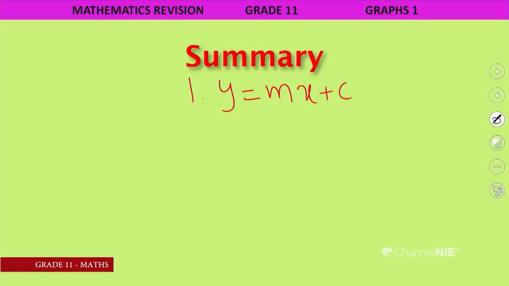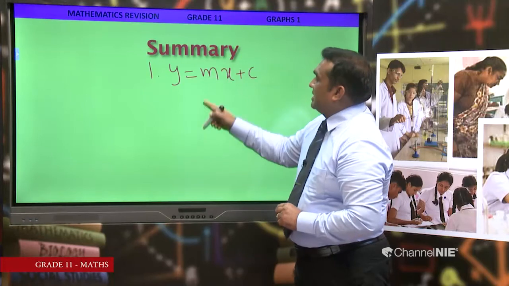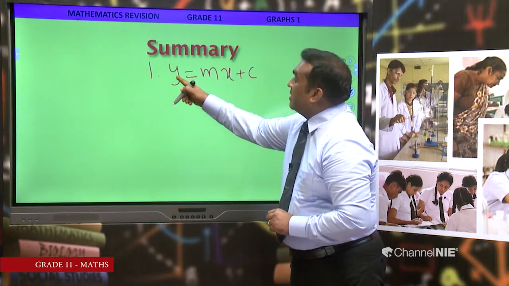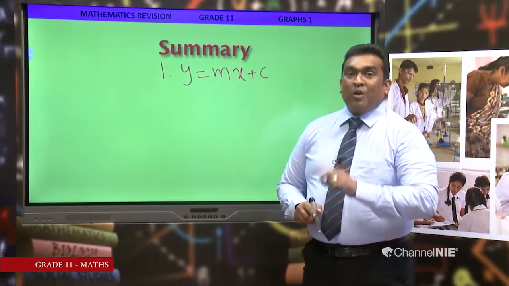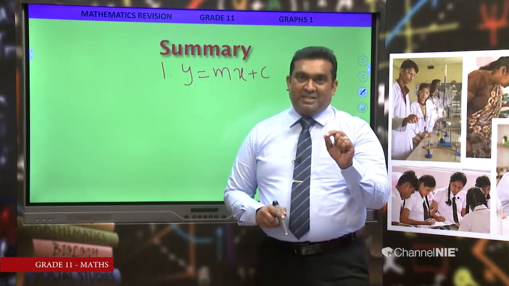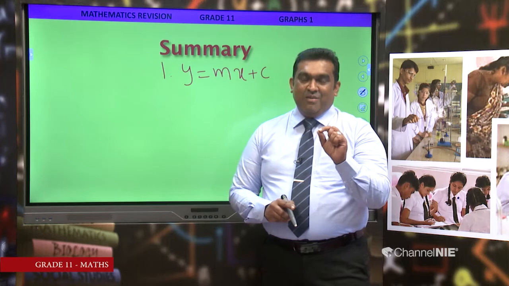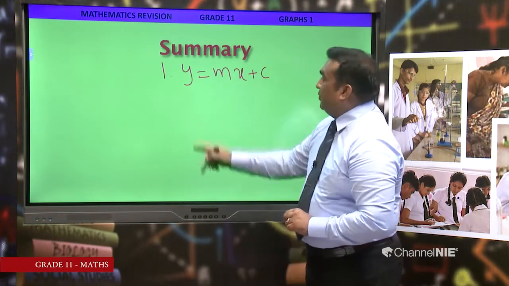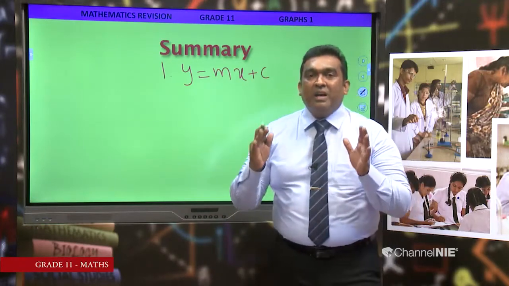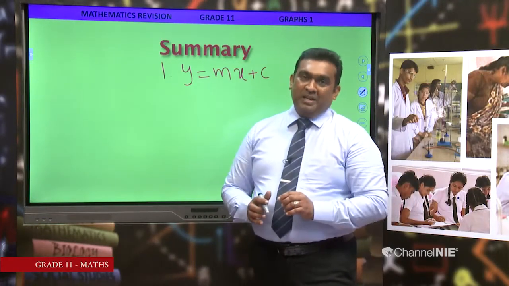What is the gradient? Gradient is m. How to define the gradient? Gradient is the number in front of x when the number in front of y is 1. Coefficient of x when the coefficient of y is 1. Here if you have 2y, divide the whole equation by 2.